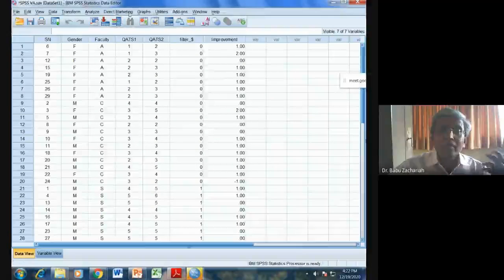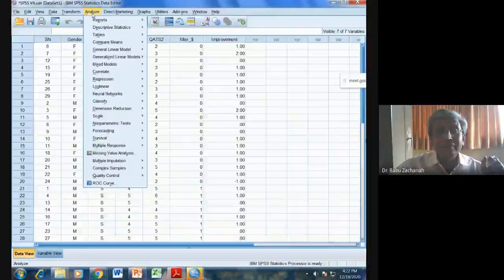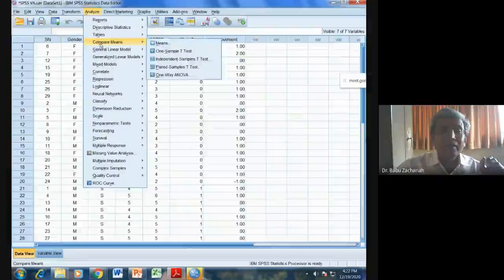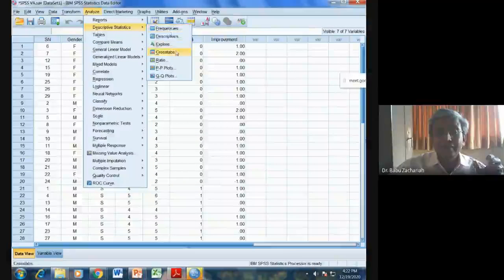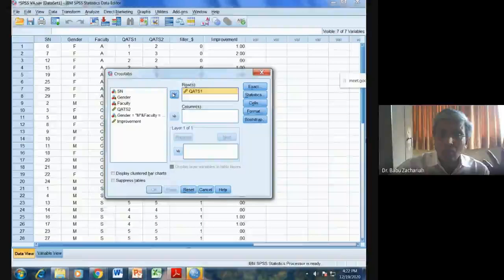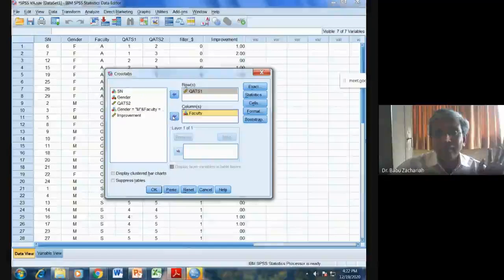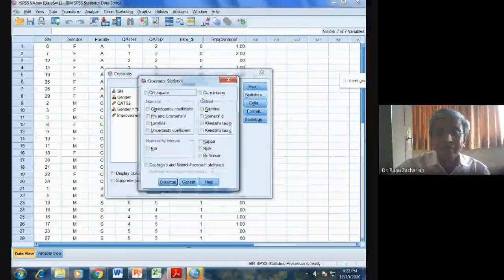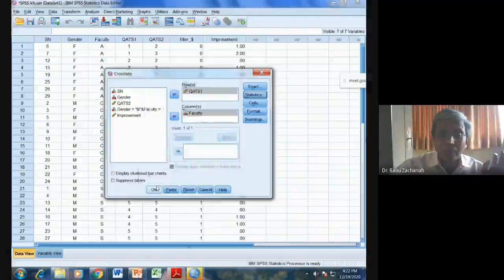We have to use the chi-square test. Come here, descriptive statistics, and cross-tab. Quartz 1, you put it in row or column, no problem. Faculty, you put it in the other. And statistics, chi-square. Click continue and OK.